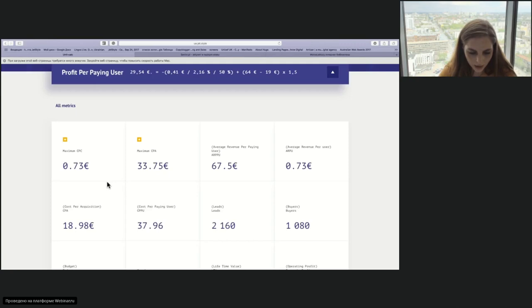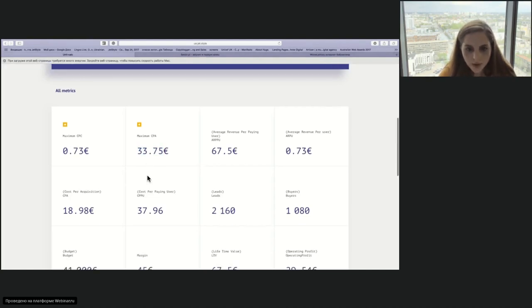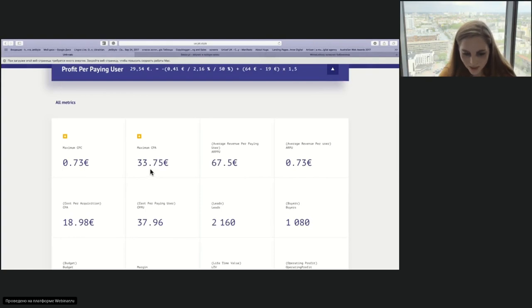They indicate the following. If nothing changes, we cannot afford to acquire a visitor to our website above this price, and a customer should be cheaper than this. Otherwise, everything will be ruined, right?